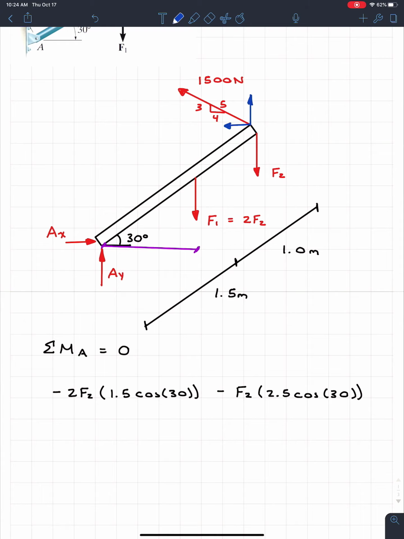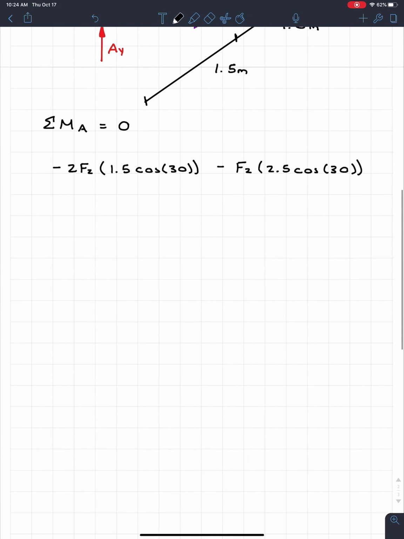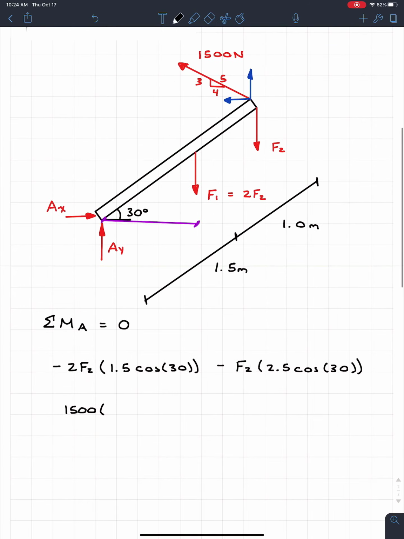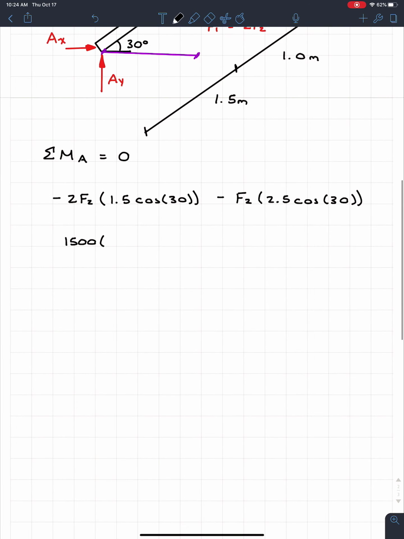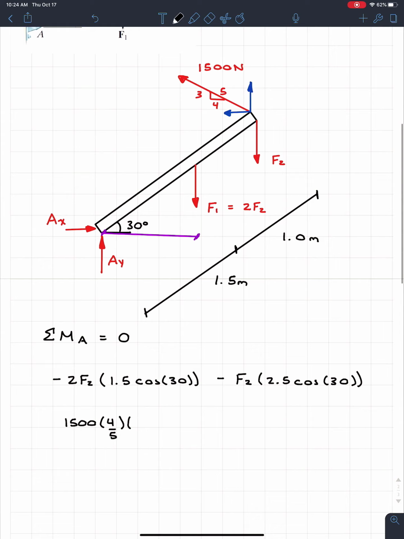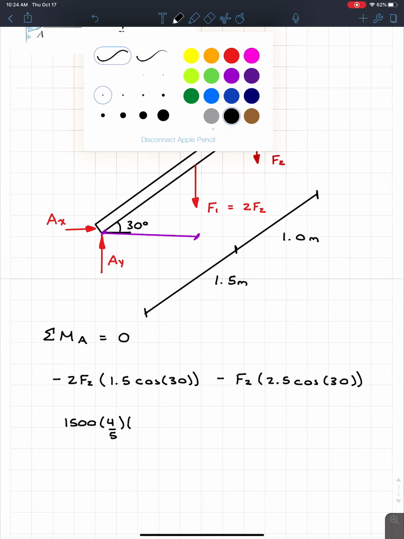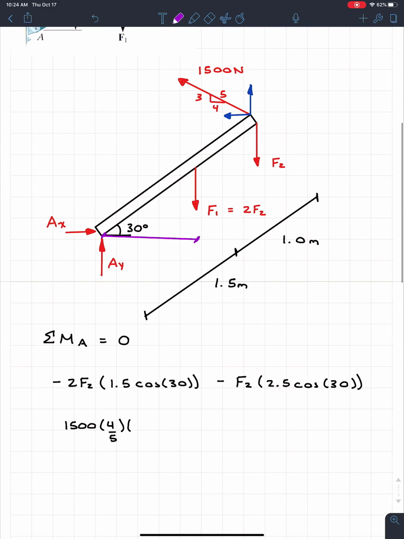So if we start off with the x component, it's pretty nice. It's going to be 1500. And remember, we want that x component only. So to get that, we're going to go 4 over 5. So that's the x component. And then we're going to have to multiply it by the distance. For the x component here, we're going to want the distance basically from here all the way to there, which we see is going to be 2.5 times the sine of 30.